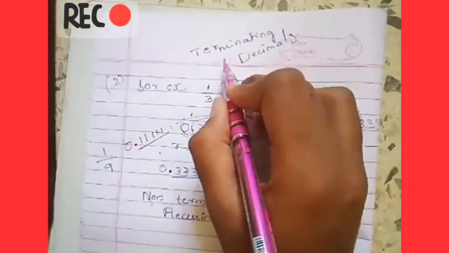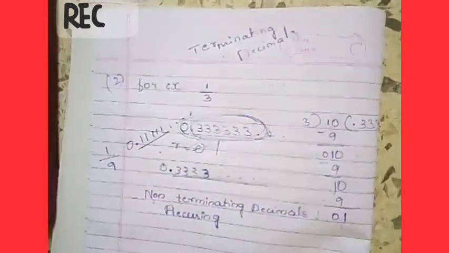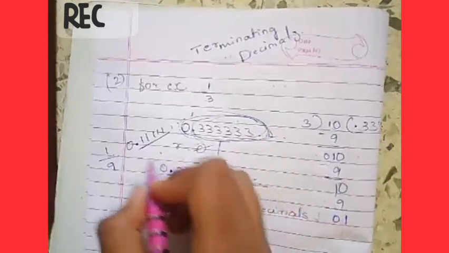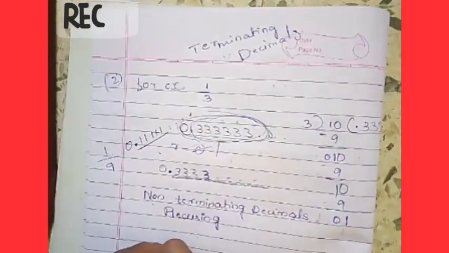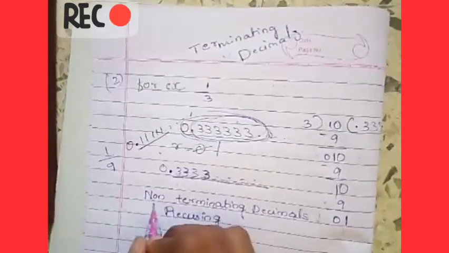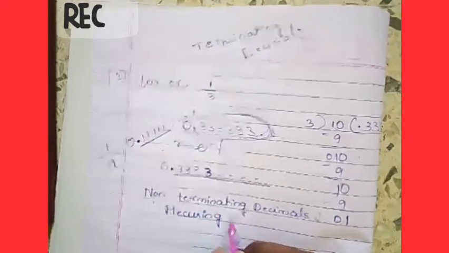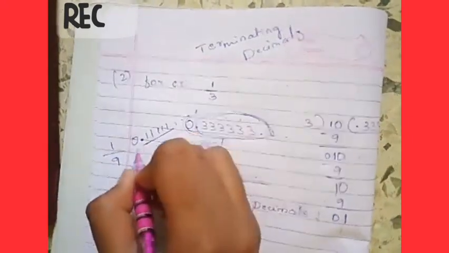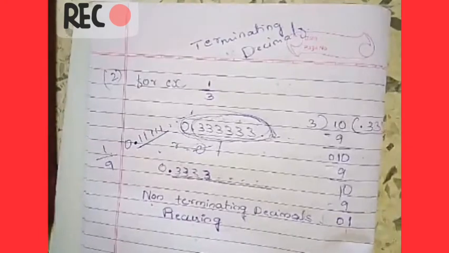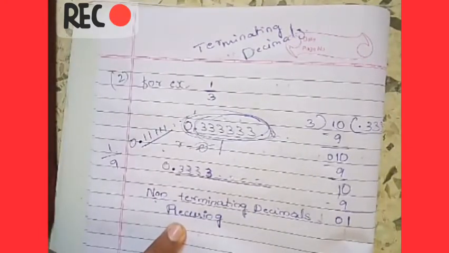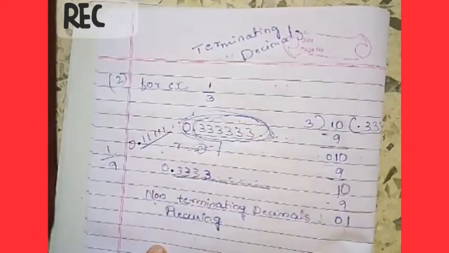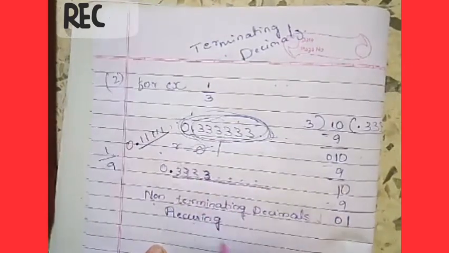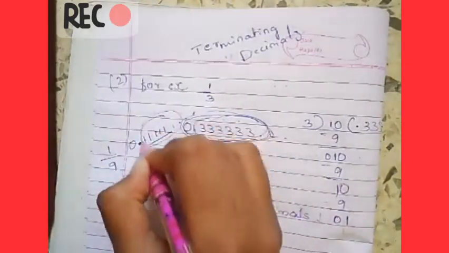Terminating decimal means finite digits after the decimal point. And non-terminating decimals means infinite numbers after the decimal point. And recurring means the repetition of the numbers.